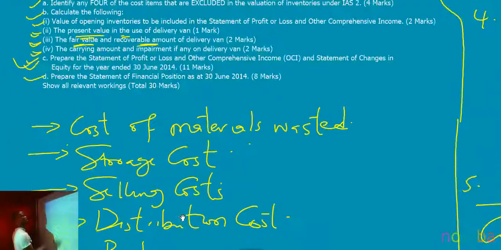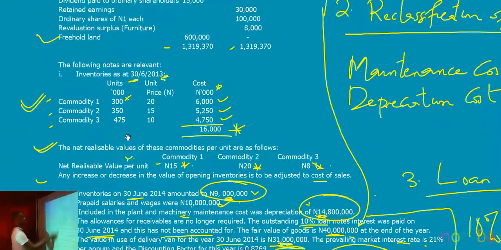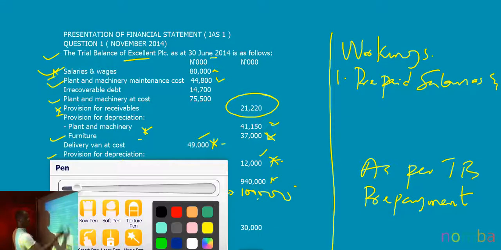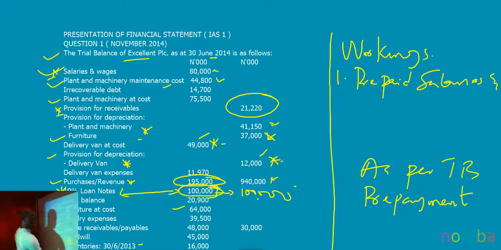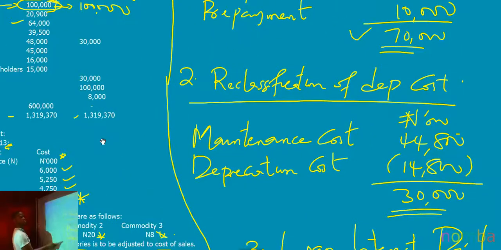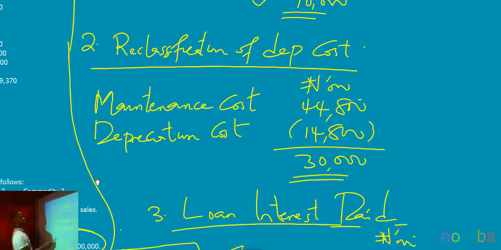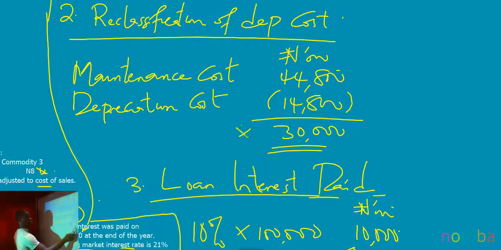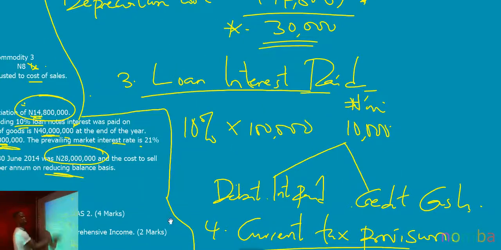Then move on to the next item. And the next item here is maintenance cost. And that also, we worked it out here, the maintenance cost as 30,000. Please do not forget, this depreciation cost is a classification from the maintenance cost. So we have to go and add it to the depreciation amount. So this 30,000 will be the maintenance cost.